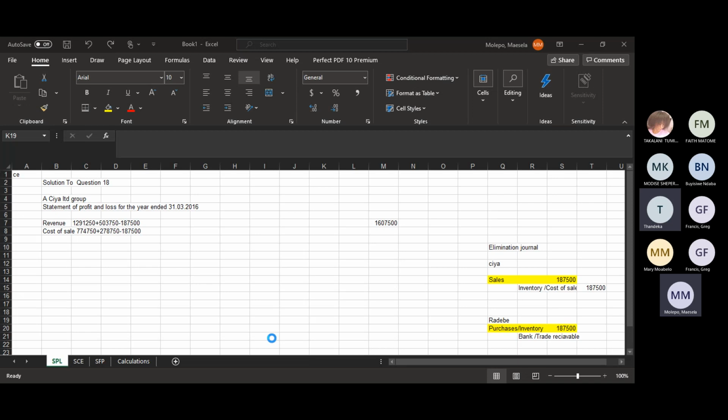I think it will be realized profit. Okay, Tandeka said it will be realized. Then let's go to Mudise. Mudise, on your side, it will be realized or unrealized? I think it will be realized.